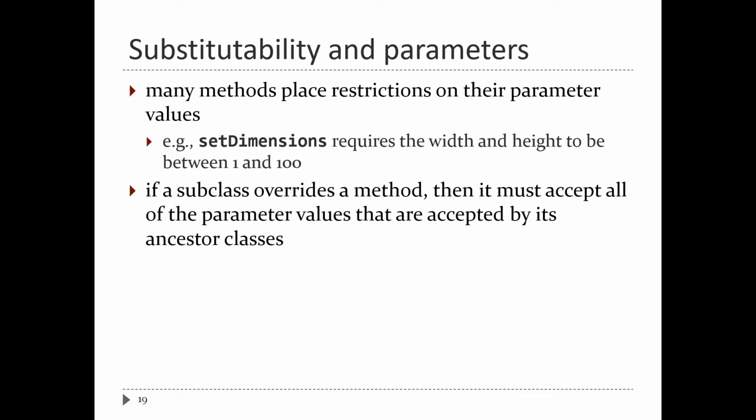And that means that any subclass must also accept any width and height between 1 and 100, right? Furthermore, if a class overrides setDimensions, right, then the method is supposed to set the width and the height of the shape to the specified width and height.